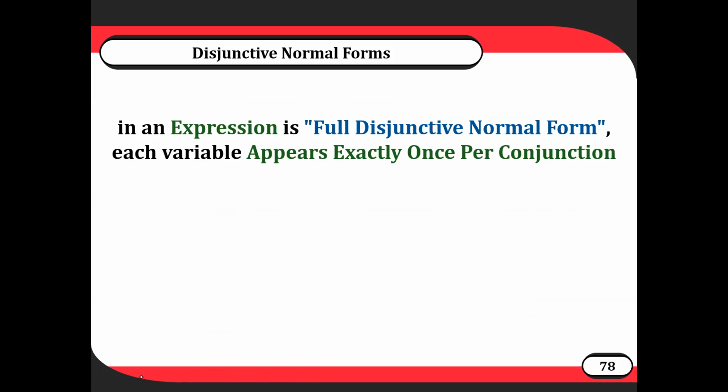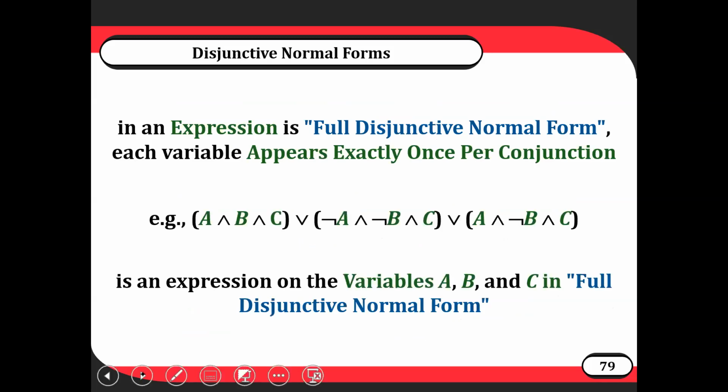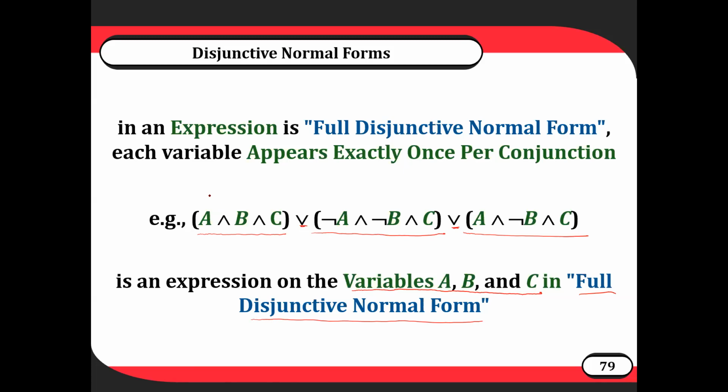If it's in full disjunctive normal form, each variable you're working with appears exactly once per conjunction. It looks like this. We have an expression on the variables A, B, and C in full disjunctive normal form. We have any number of conjunctions joined together by disjunctions, and A, B, and C appear in each of them.